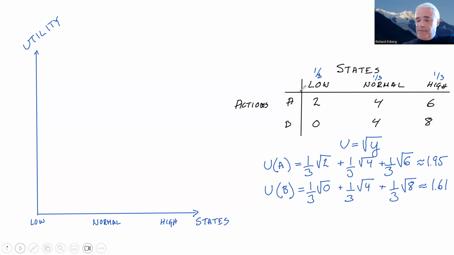So if we're looking at action A, utility is, we have here, intercept square root of 2, and then square root. So we have an increasing and strictly concave function here.